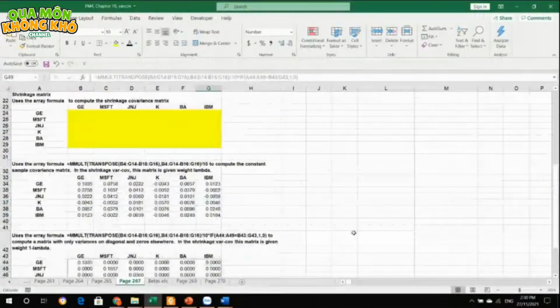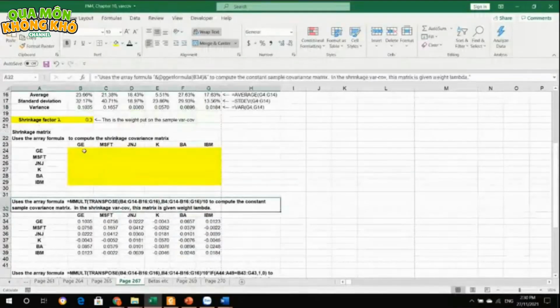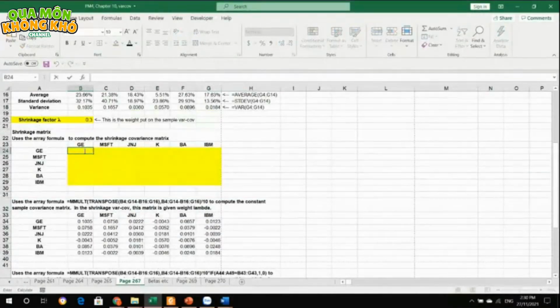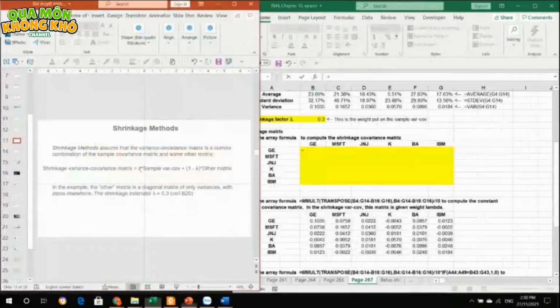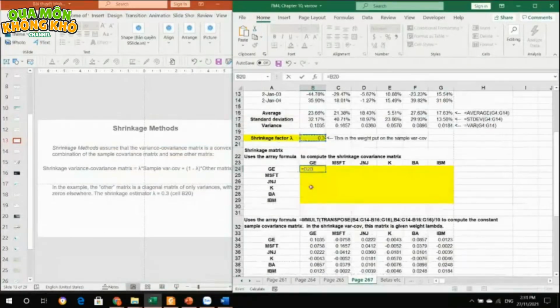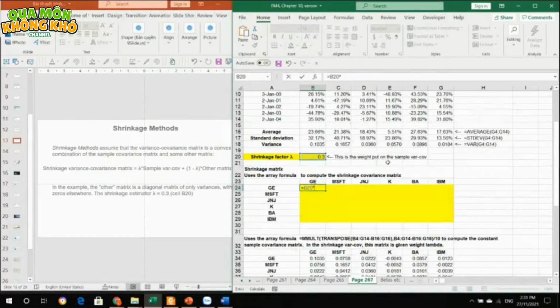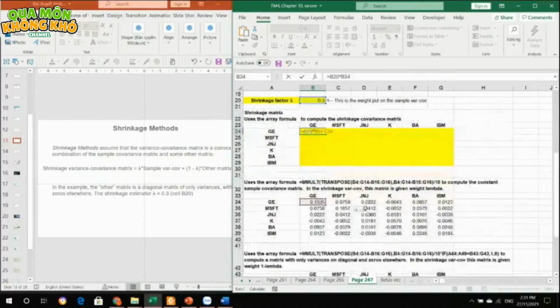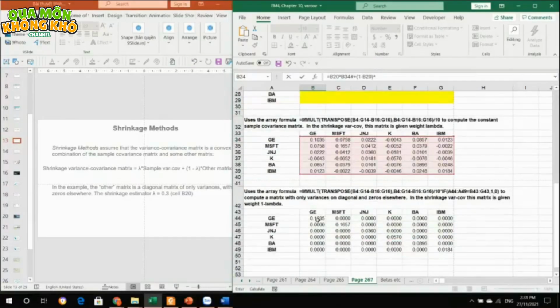So now we can calculate the shrinkage matrix by using the formula here: lambda multiply the matrix plus 1 minus lambda and multiply the other matrix.